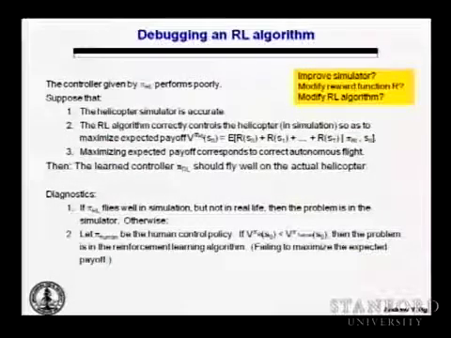Okay, and the way you do this, you actually go and fly the helicopter and just measure the sum of rewards on the actual sequence of states the helicopter flew through, right?